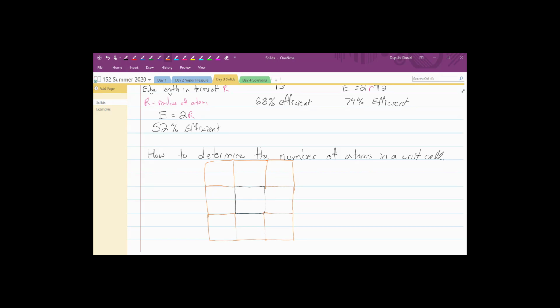Obviously if I'm totally inside the cell, in the center, the whole thing is in, 100%. All right, so say this is the top view. There's something called a lattice point.